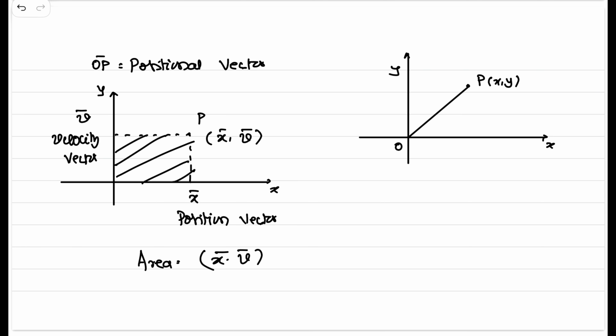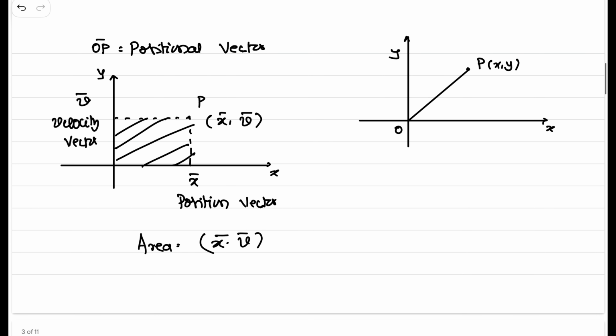Like this, position vector and velocity vector, as we have got in Newtonian mechanics, a is equal to a function of x, v, t, and when a reference frame is fixed, we put it as a function of x and v.